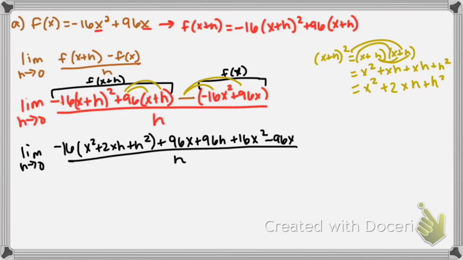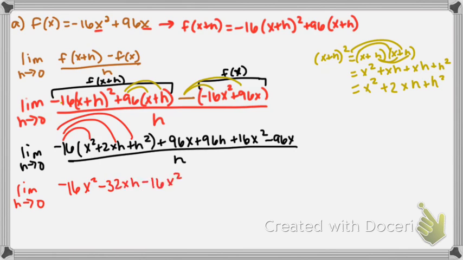One more thing to distribute in the top. Okay, let's write it out again. I know it seems crazy. Distributing negative 16x squared minus 32xh minus 16h squared. And then I'm just going to rewrite all that.